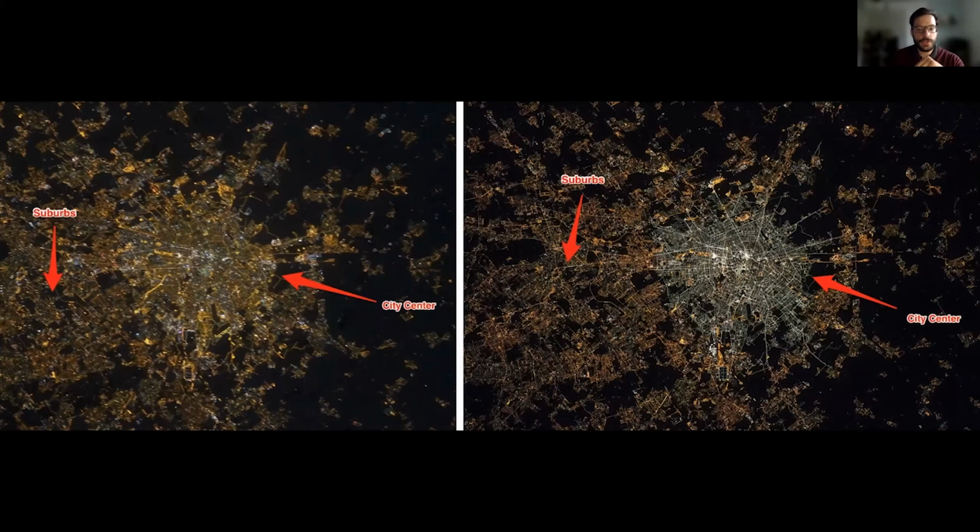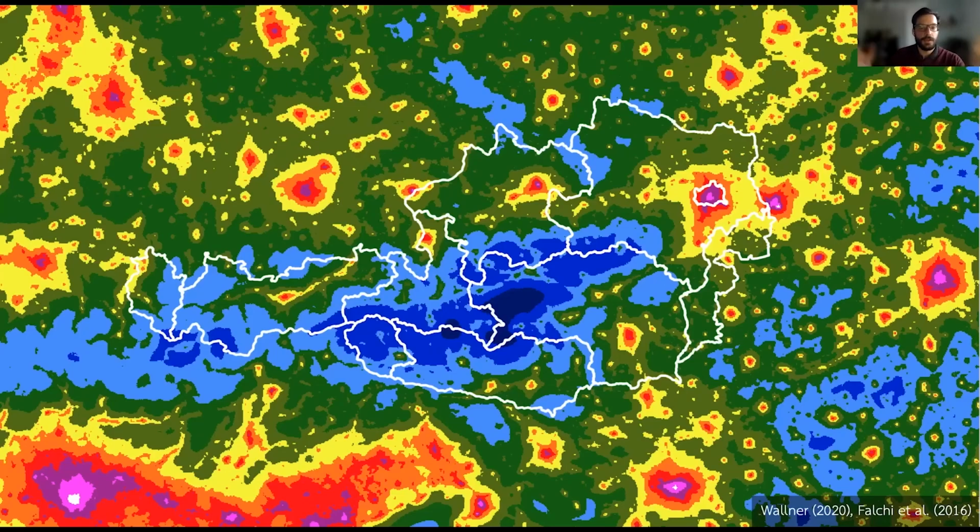Talking about Austria, this is the light pollution map for Austria. Also here, unsurprisingly, all bigger cities, all capital cities of Austrian provinces, show very high artificial night sky brightness values.